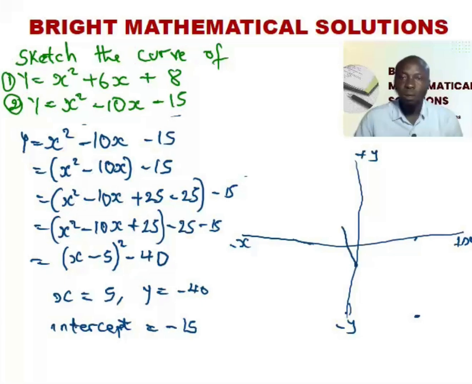So it goes like this, it comes here, this is the turning point, and it goes up. This is the sketch for this particular graph. Because the x squared term is positive, that is why we have it like this. If the quadratic equation is negative, it will face down, in the other direction.